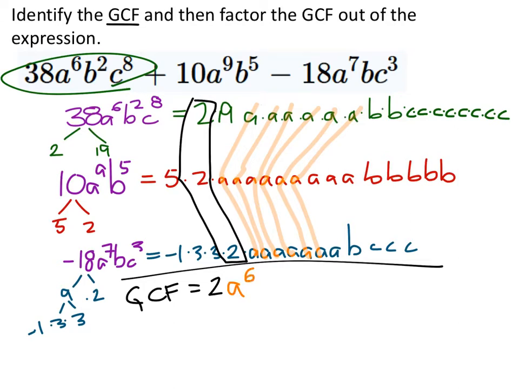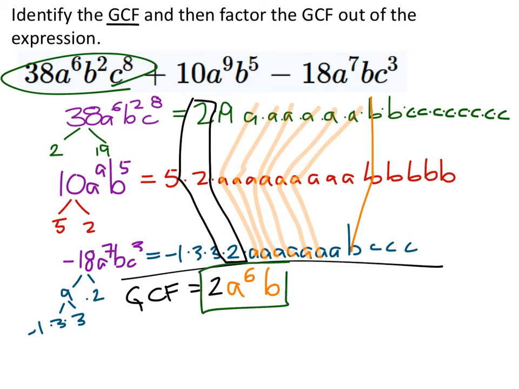We don't have a lot of b's in common, just one set of b's. So there's a b, only one though. And now we got the c's as well. Nope, I don't see any c's in common. Specifically because of that middle row right there, right? The 10, a to the 9th, b to the 5th had no c's, so there were no c's in common. All right, so we have identified the greatest common factor, which was the first part of this.